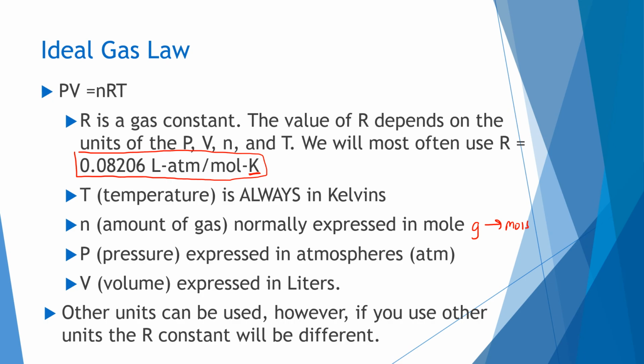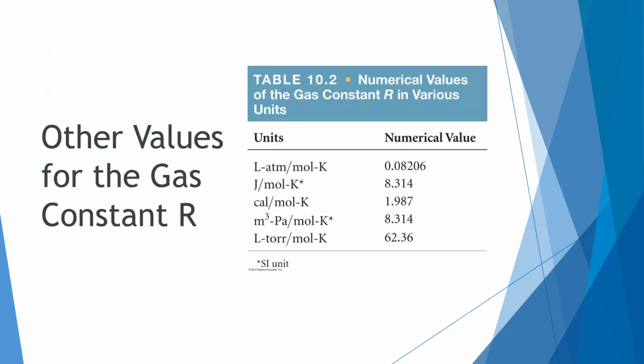Other units can be used, but then it's going to change your R constant, and I do not provide you other R constants. Other R values would be things like if you were to use meters cubed or pascals or torr or liters. I don't provide you with these. I always provide you with this value here. So again, you want to make sure that you're working with the correct units.